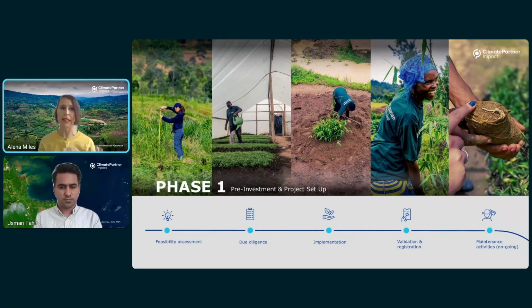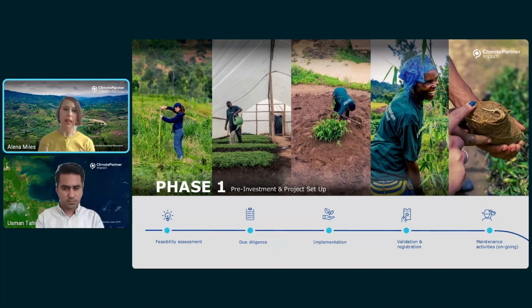So there's a lot of maintenance that is happening to ensure that it's growing beautifully and everything is going as it should. And that last step of maintenance would be the last step of phase 1 of the project development lifecycle. And after that step, once the project is registered, it starts issuing credits.